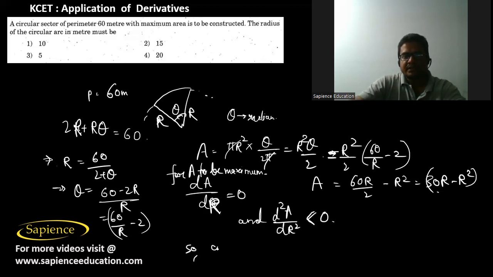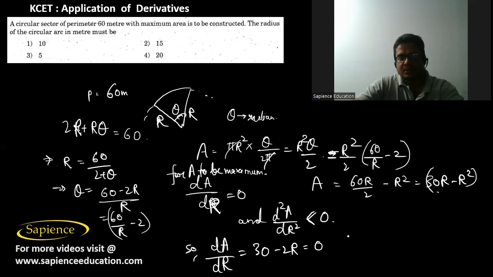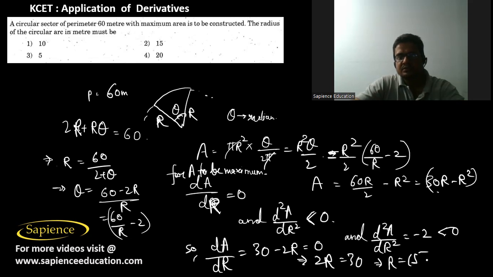Now dA by dr will be equal to 30 minus 2r, that should be equal to 0, and d square A by dr square will be equal to minus 2. So this is obviously negative. So this is equal to 0 when 2r will be equal to 30. That means r should be equal to 15 meter. So 15 meter should be the radius, so that the area of this sector is maximum. So therefore option 2 is the correct answer.